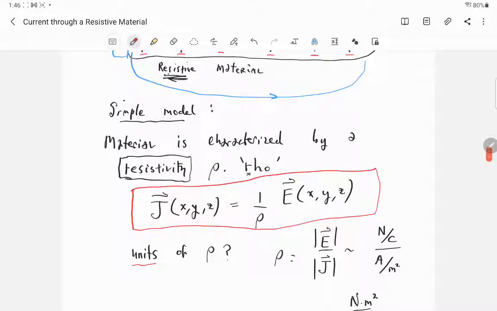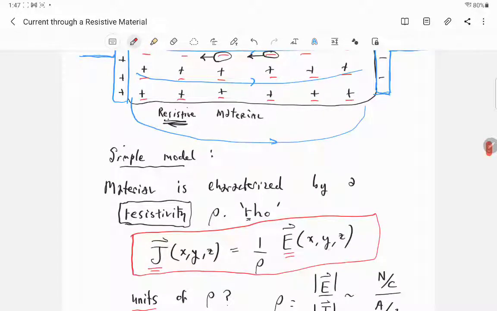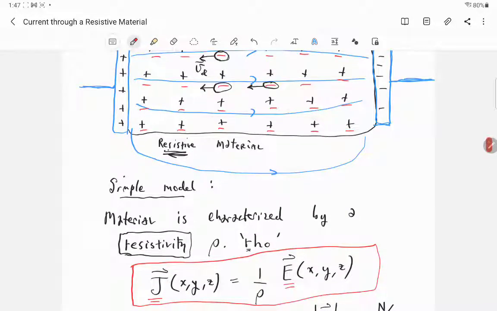What it says is that inside of a resistive material, you're going to get a current density that is proportional to the strength of the electric field within the material. So this electric field that I'm alluding to is the electric field associated with the blue lines.